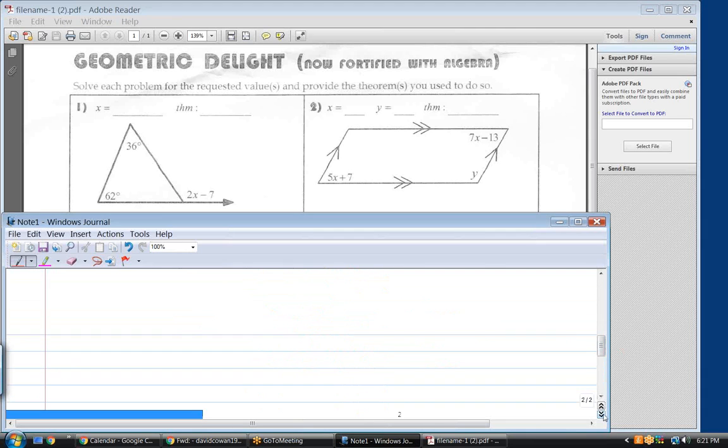Oh, I think I know what to do. So you'd add up 62 plus 36, and then 2x minus 7 is equal to 98. Very good. In other words, the exterior angle is equal to the sum of the two angles that it's not next to.